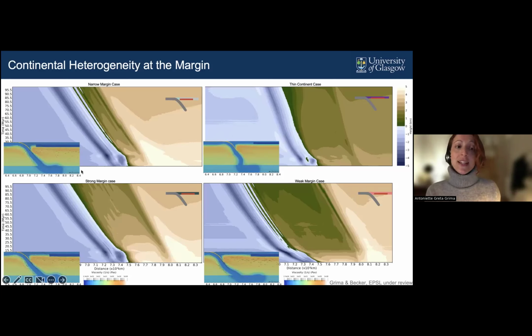And we can see that, first of all, the slab morphology is different now, but the topography is also very different. And if we have to look at the trench retreat for each model and compare this, we can see that the trench retreat varies considerably across all 4 models.